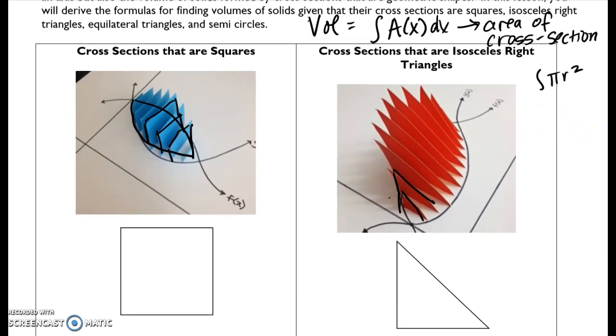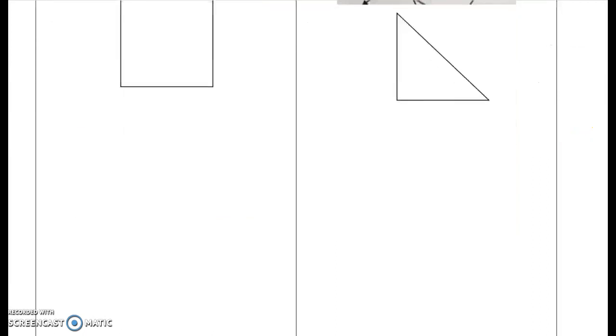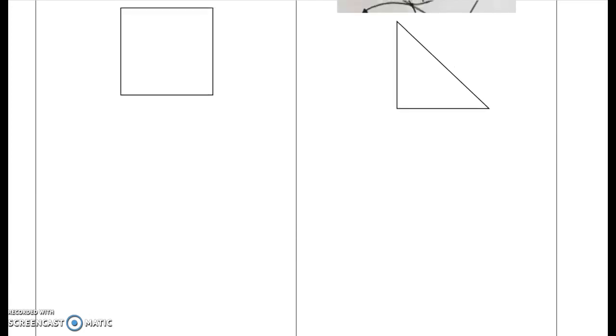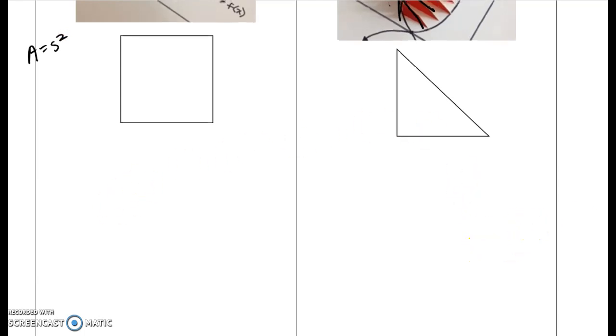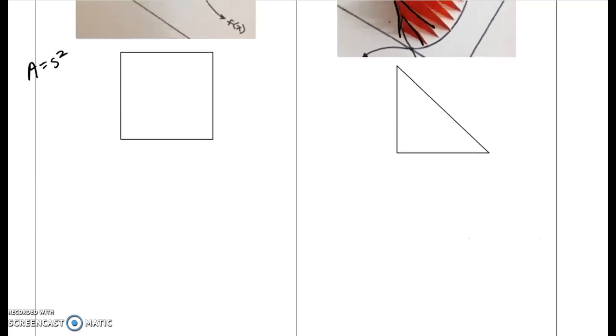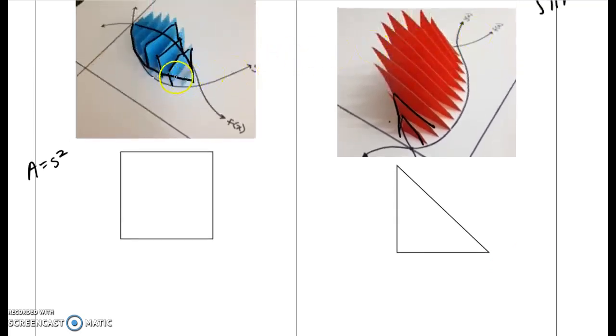So let's take a look at a square. So think about the area of a square. The area of a square is just side squared. So in this case, we have to figure out what our side is. And so looking back at the graph, the base of the square is going from one graph to the other. So it's kind of hard to see here, but you have an f of x and a g of x at the top.